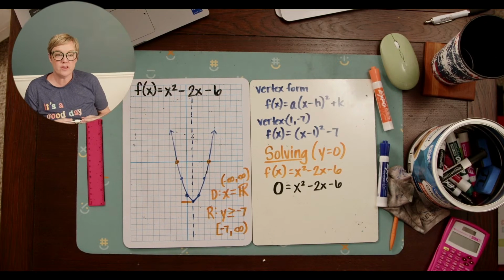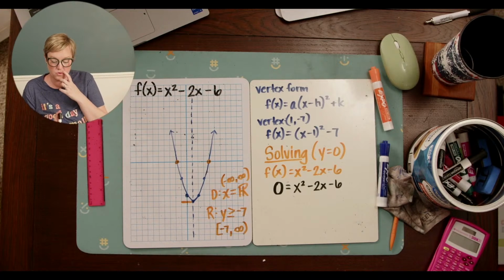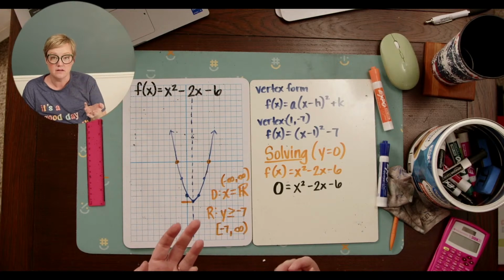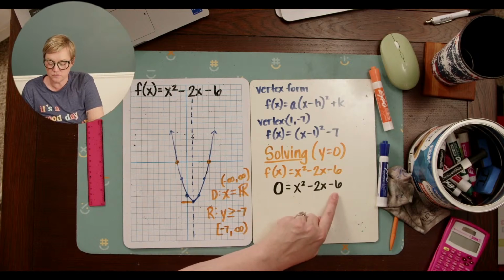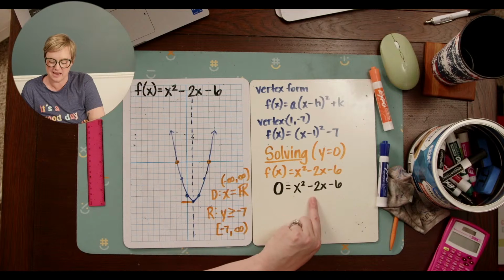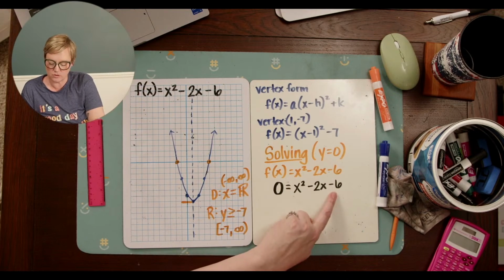So solving quadratics, you can try factoring it. This one here is not factorable. The reason I know that is because there are not 2 factors of 6 that I could add together to make negative 2. I can't do 6 and 1. I can't do 3 and 2.